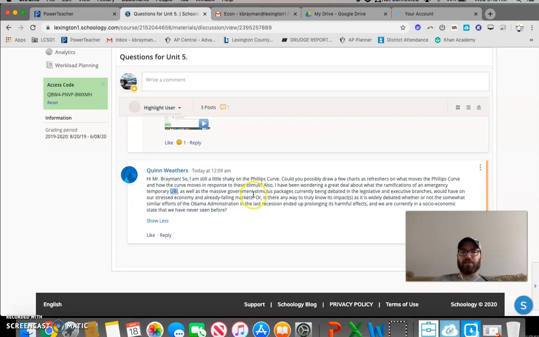So your next question, is there any way to truly know its impact, as it is widely debated whether or not somewhat similar efforts in the last recession ended up prolonging its harmful effects? So the Obama administration and the Trump administration are going about their fiscal policies two very different ways. The Obama administration pushed about $700 out to working Americans.